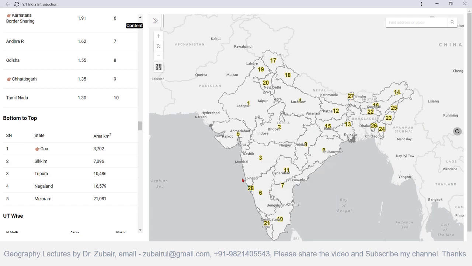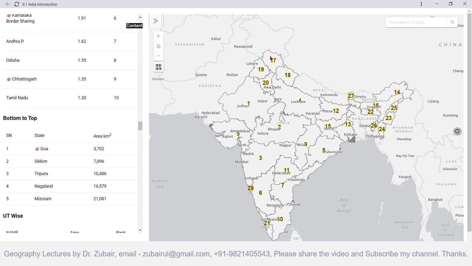Then second to Goa is Sikkim. One very important thing to give you an understanding of these states in terms of area: after 27 you will see 26, 25, 24, 23, all these are the smallest states in the northeast. We can call them 7 states here. All these are small states.